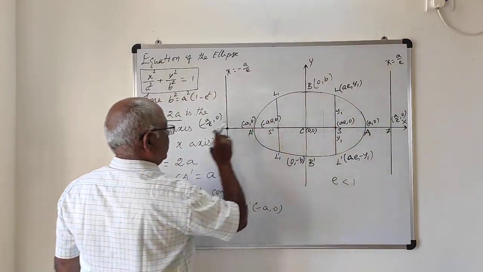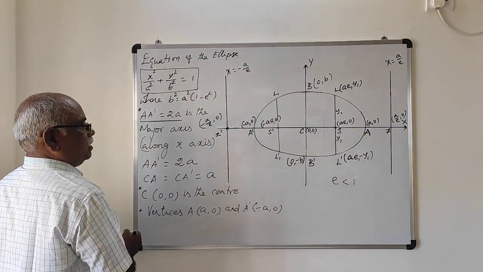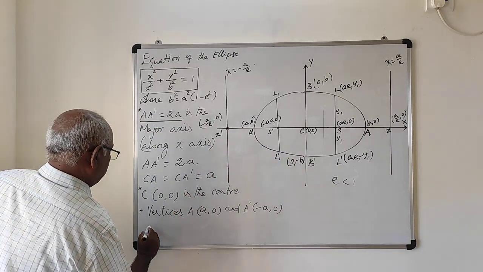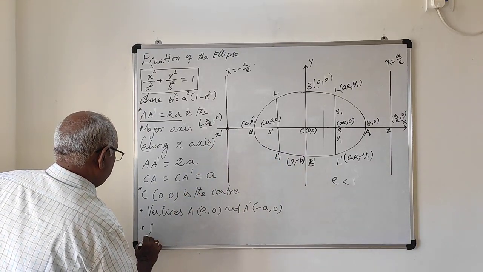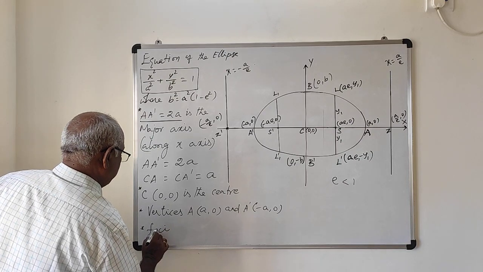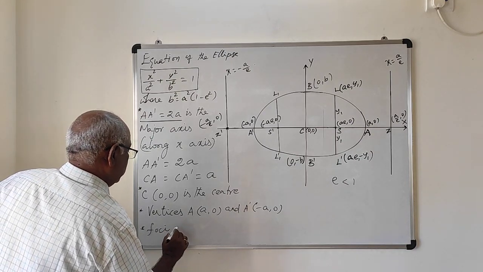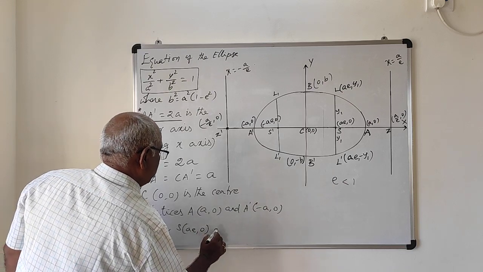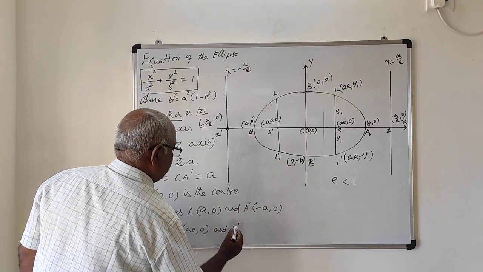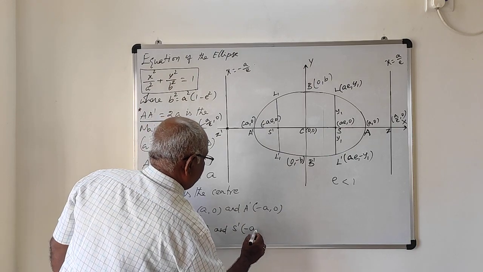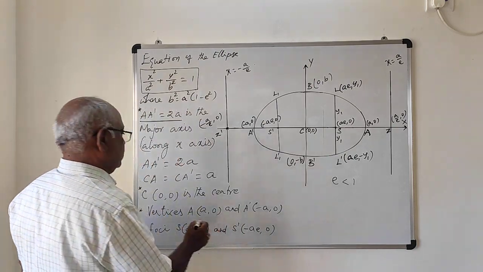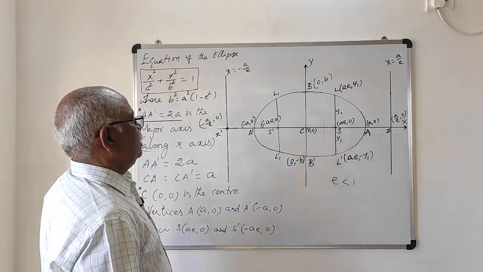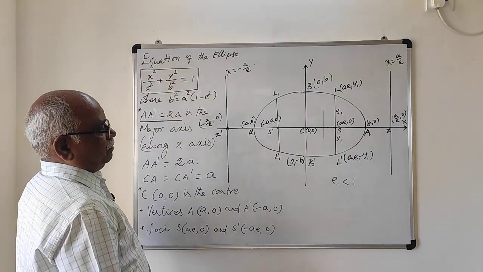S and S dash are the foci. Two foci we have: S (ae, 0) and S dash (minus ae, 0). These are the foci of the ellipse.